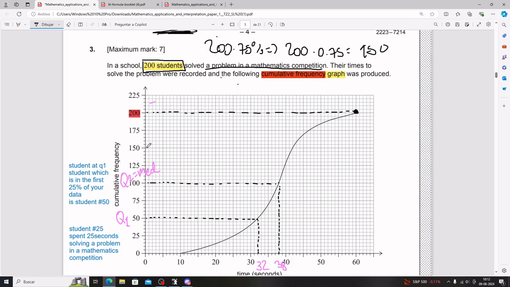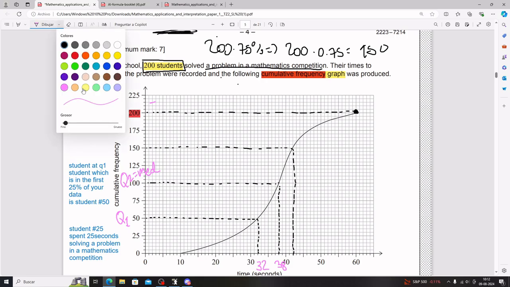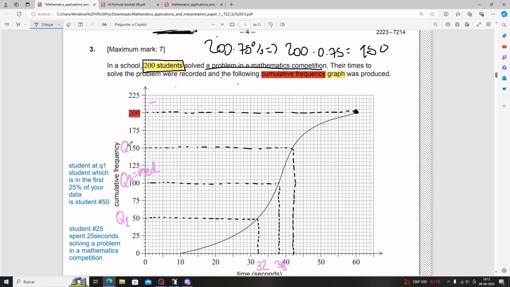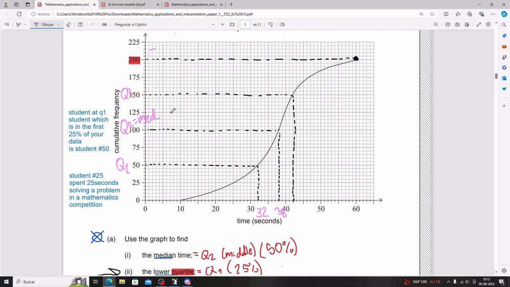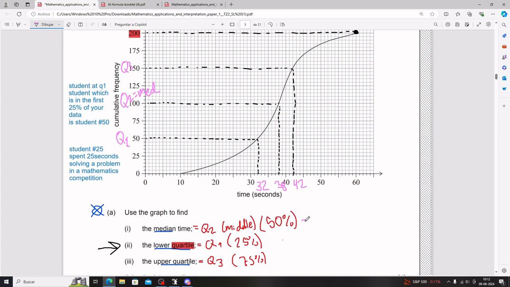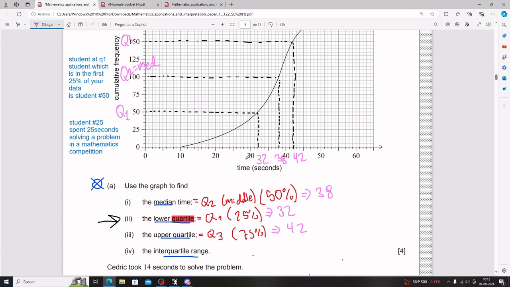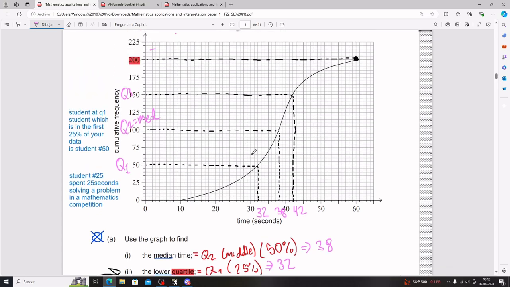So at 150, we have the value we needed. So here we have Q3 at 150 is going to be at 42. So using all of this, you can quickly answer that the median time has to be 38, my Q2. The lower quartile has to be 32. And the upper quartile has to be 42, right? So once you understand that, you can read any graph.